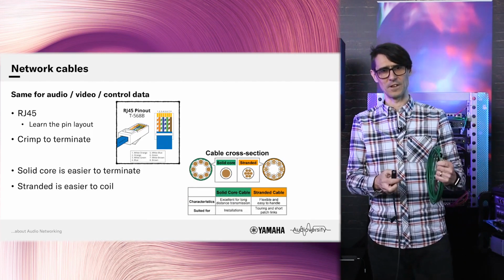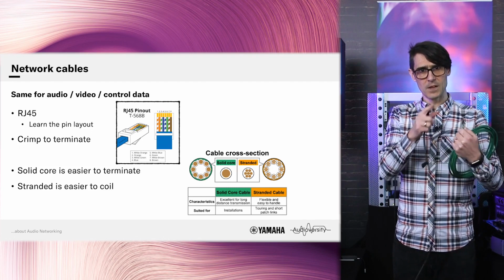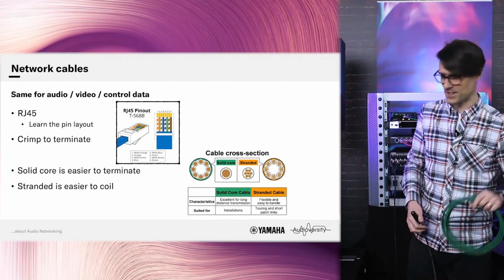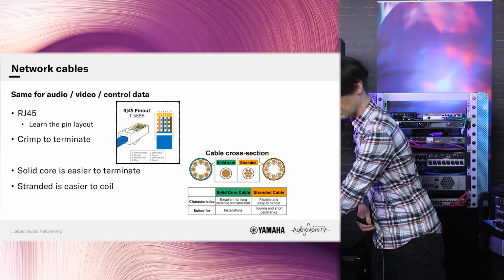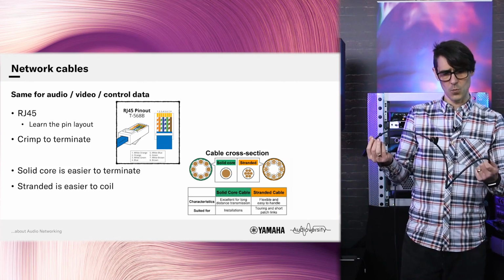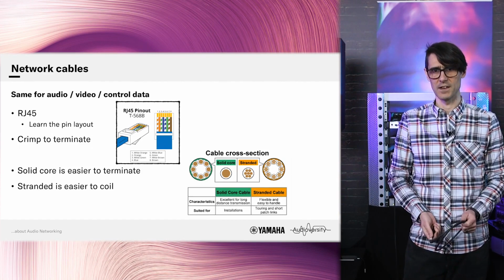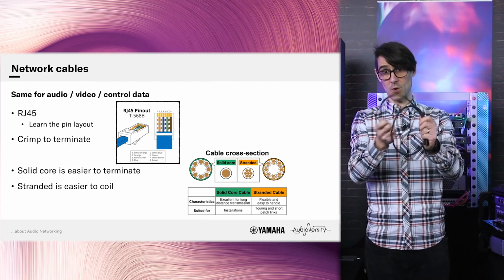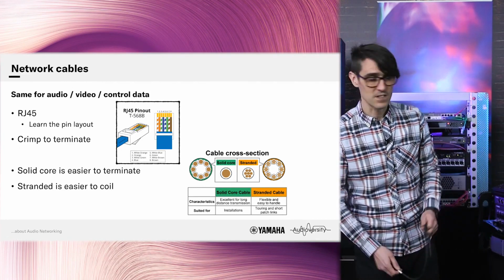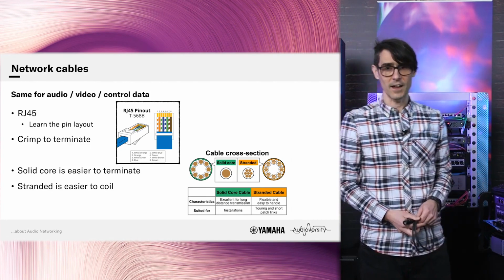Learn the pin-out configuration, the order of colors and stripes. Learn it, because it's not so intuitive, but it's a good thing to know when you make your own cables. Then another thing is to check what type of copper is in your cable. Is it solid or is it stranded? Stranded cable can be quite flexible, so it lays down well on the floor of a stage, for example, or can be neatly placed in a rack.